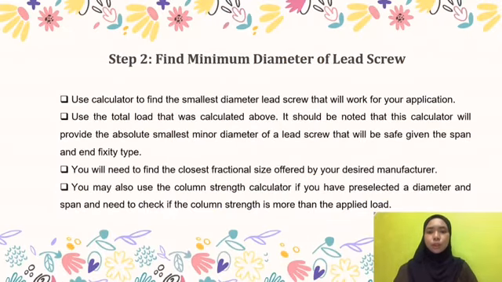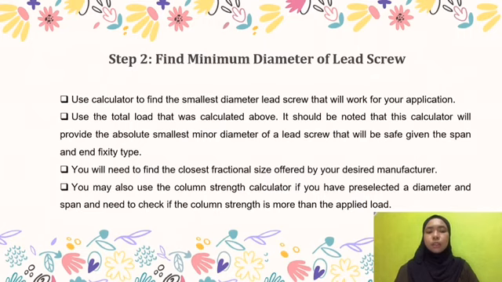Step 2. Find the minimum diameter of the lead screw. First, use the calculator to find the smallest diameter lead screw that will work for your application. Use the total load that was calculated above. It should be noted that this calculator will provide the absolute smallest minor diameter of a lead screw that will be safe given the span and end fixity type.